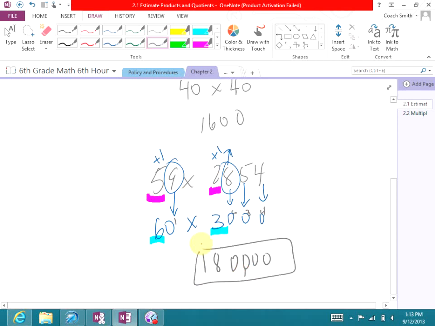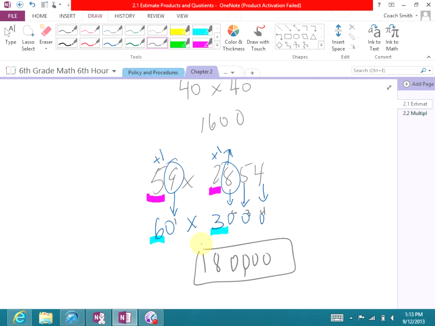Now understand, this is the estimate of what 59 times 2,854 is going to be. It is not the actual answer of what 59 times 2,854 is. It's just an estimate. So, for example, a while ago, Tayshawn missed a 0, and he said 160.